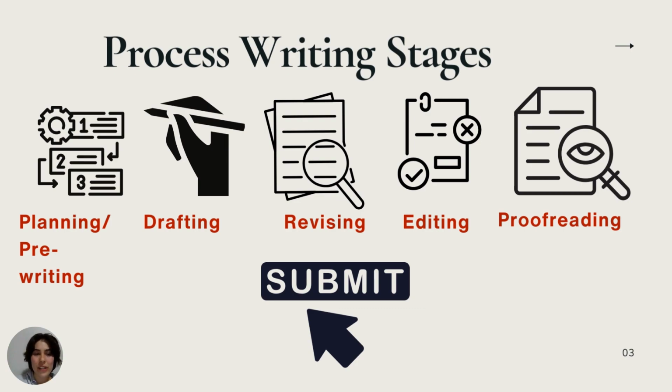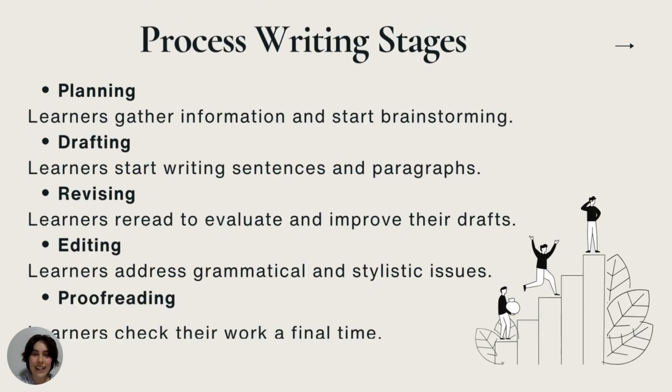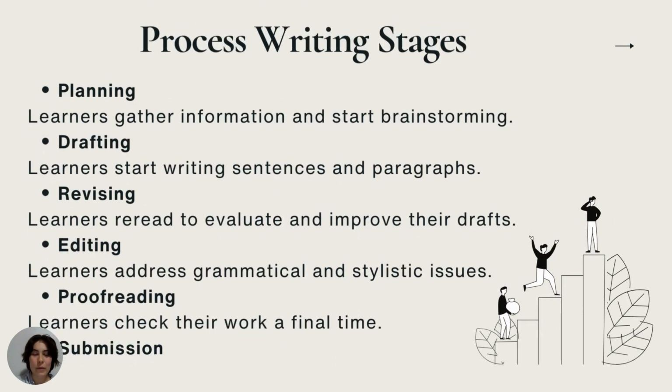So with process writing, there are all these different steps, and all of these steps are so important because the focus can then be on developing the essay or transactional writing in a way that includes all of these very important steps. So I will walk you through the importance of each of these steps here on this next slide and explain each of them a little bit more carefully.